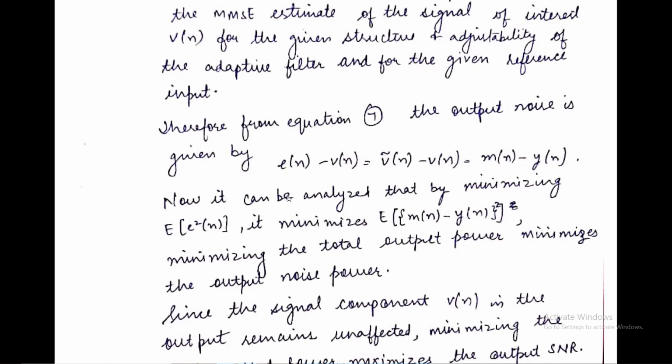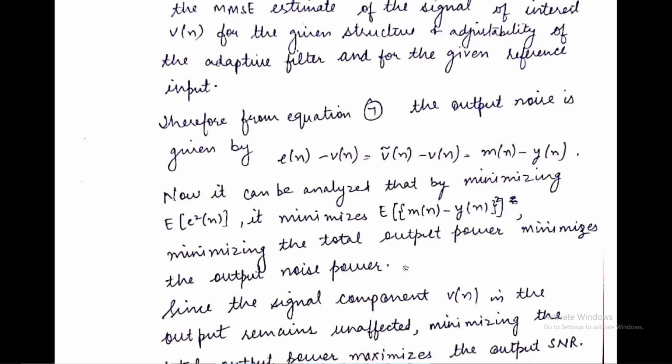Now it can be analyzed that minimizing this mean square error minimizes the expectation of (Mn minus Yn) whole square, which further minimizes the total output power, and it minimizes the noise power, so we can say the output noise power.